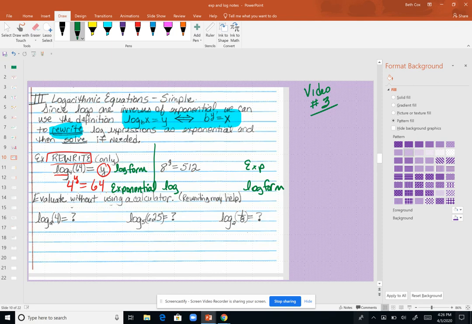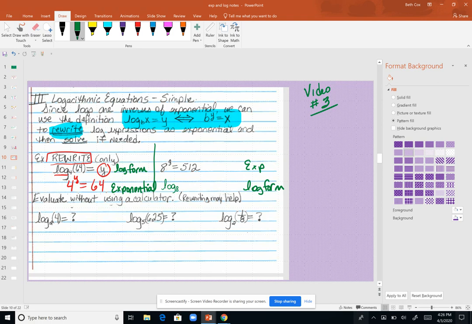Which number is that? Well, that's the base number. So that would be 8. So I've got to write that really small and lower. That didn't give me enough room, so let me try it again. There we go. Log base 8.